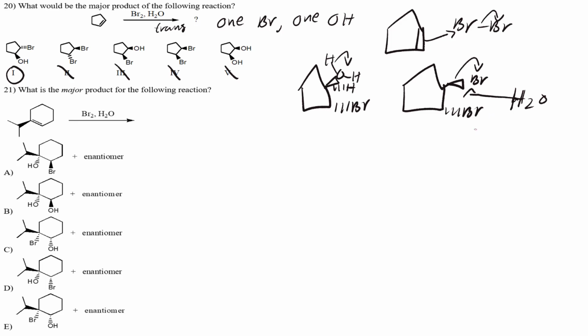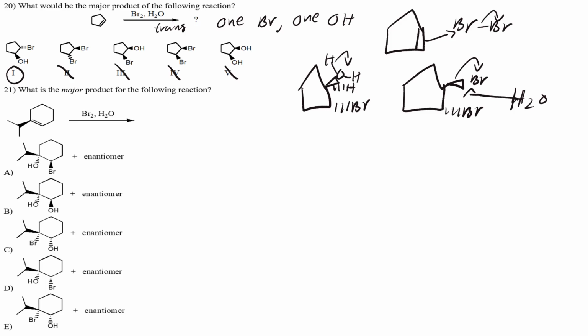You could have just gone the down path, right? That's what I'm trying to say. It's just randomly how I did it. So it's A, right? So whenever you have a double halide with water, the answer choice should be trans. You should have one halide, and you should have one alcohol.